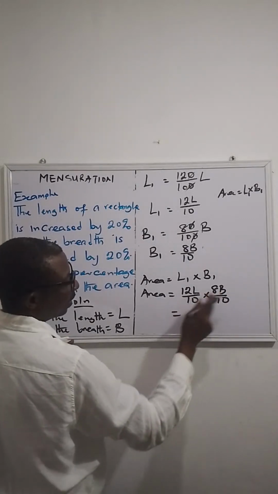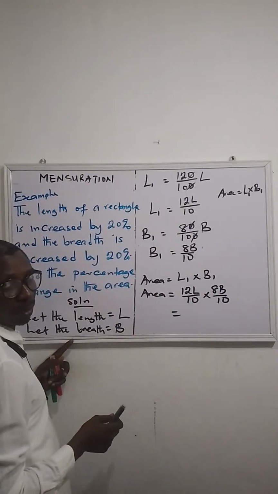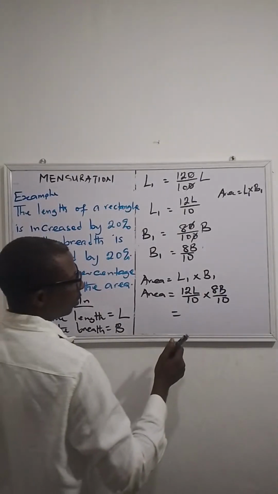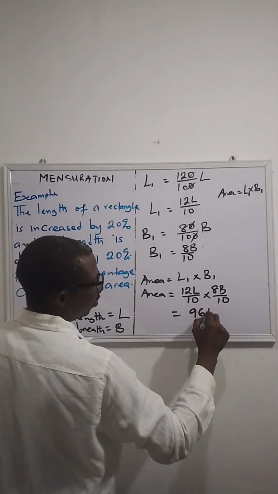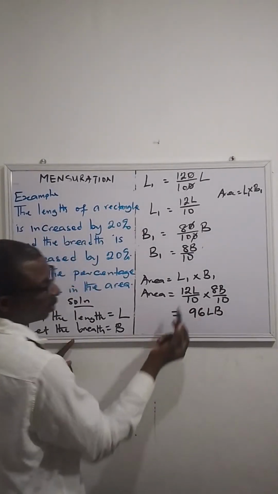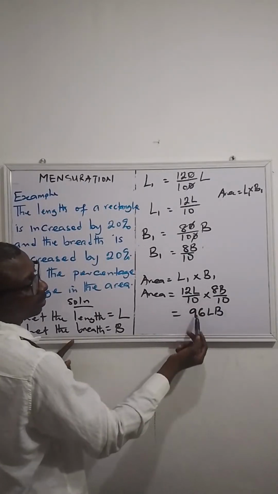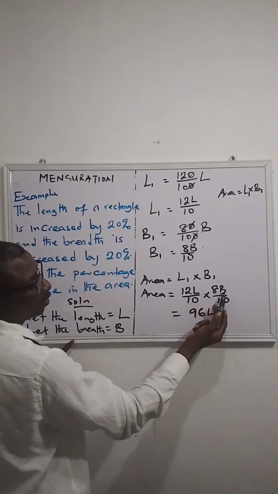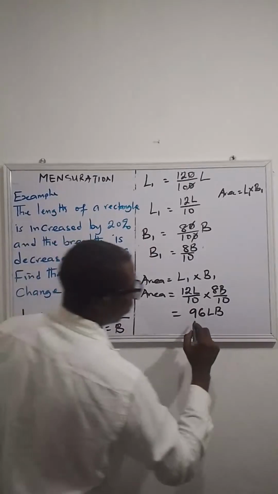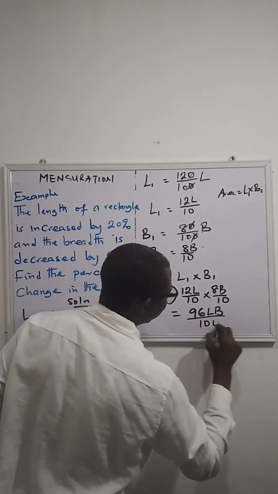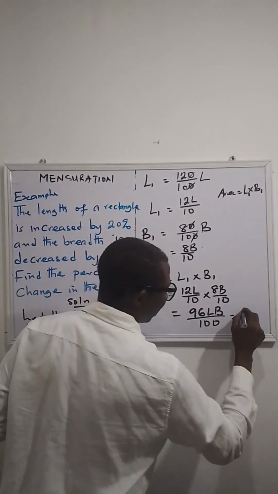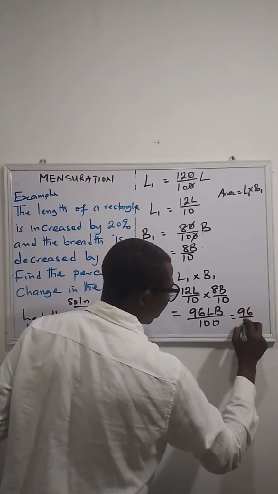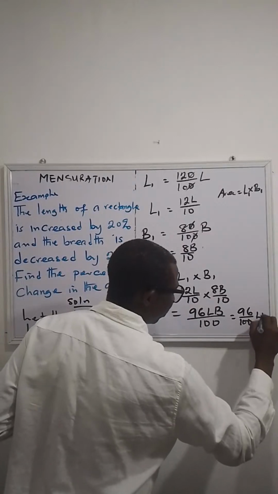When you multiply this, 12 times 8 is 96, and L times B over 100, so I can simply write this as 96 over 100 LB.